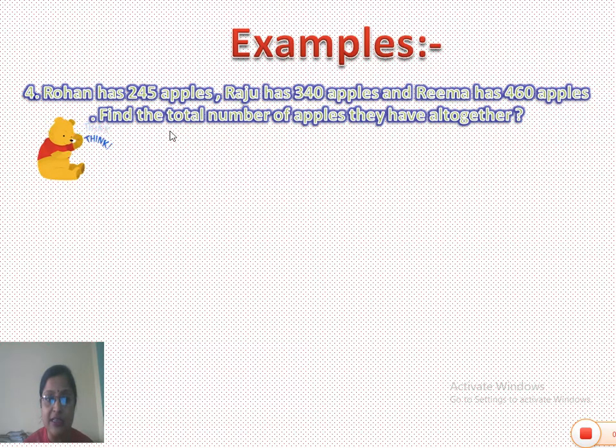Start thinking about the action because here the question states find the total number of apples all together. So these two words will help us to decide upon the action. And yes, the action here will be addition.